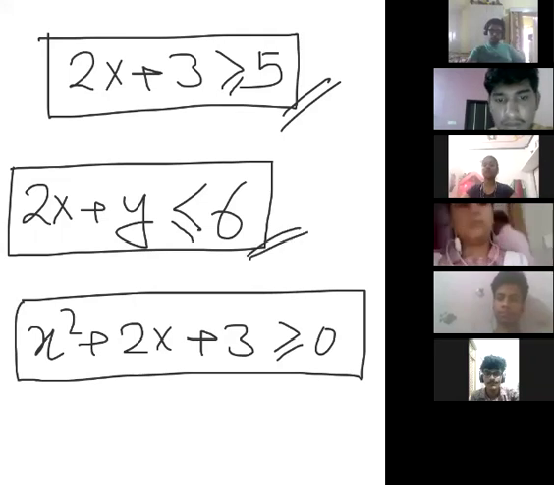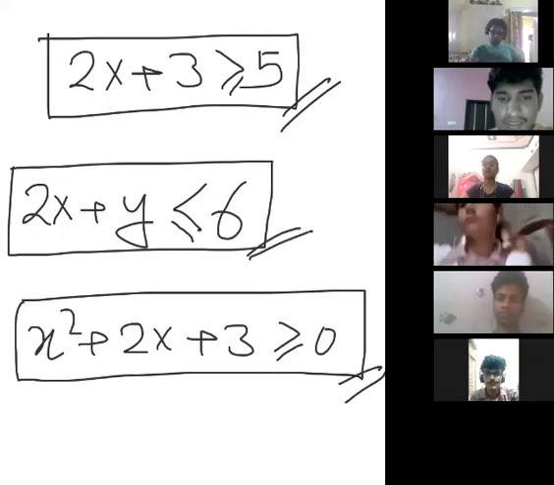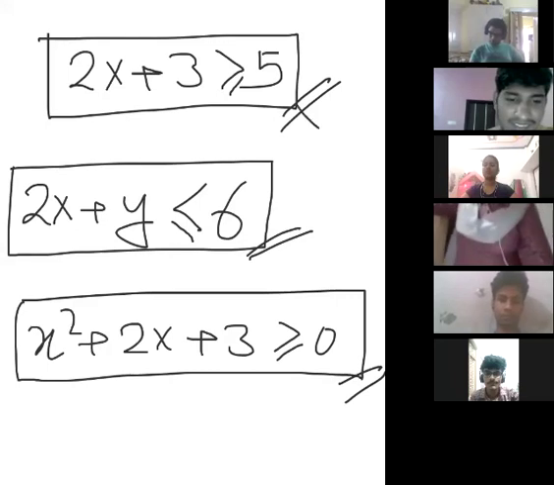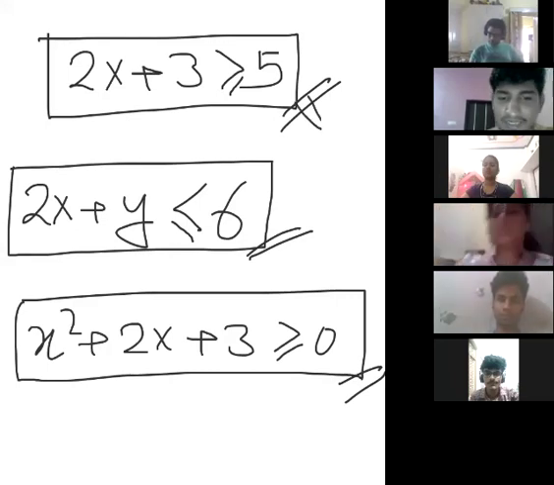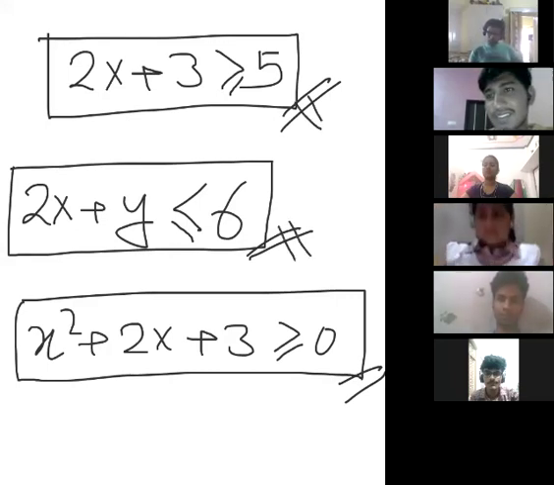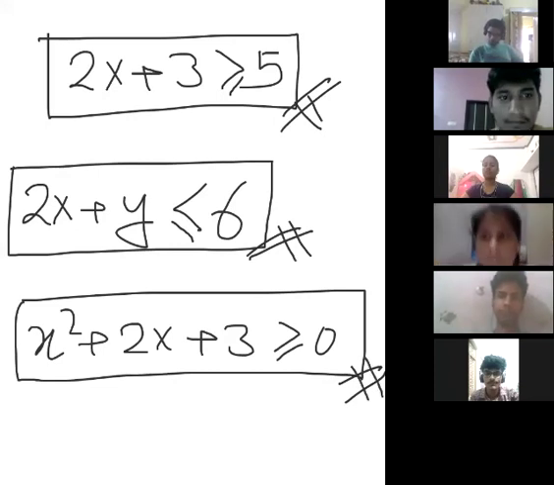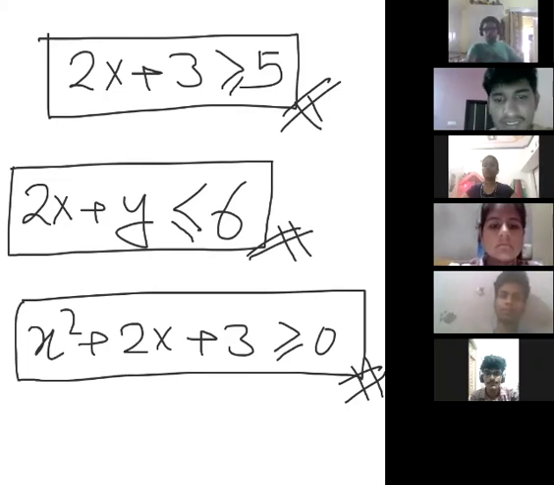See, the first case is linear inequality in one variable. Second is linear inequality in 2 variables. And the third situation is inequality in the quadratic form. So likewise, we can distinguish them into different forms.